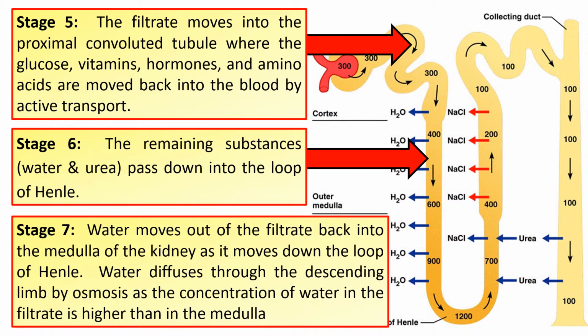Water moves out of the filtrate back into the medulla of the kidney as it moves down the loop. Water diffuses through the descending limb by osmosis as the concentration of the water in the filtrate is higher than in the medulla.